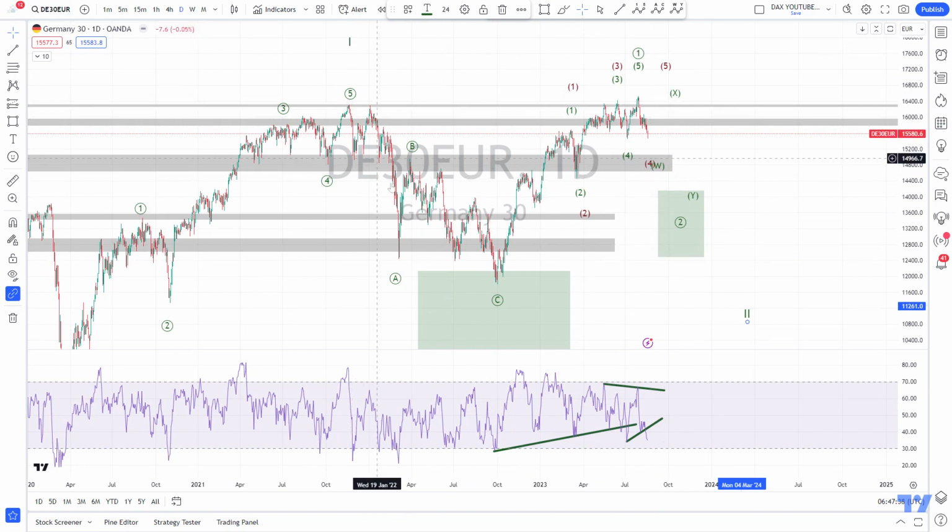So then it would be wave A in 3 waves, 1, 2, 3, wave B to the upside overshooting wave A, so an expanded flat structure, and then wave C in 5 waves down here. That would mean we first need a wave 1 to the downside, something impulsive down here, 1, 2, 3, 4, 5. So this is also a scenario that can play out.